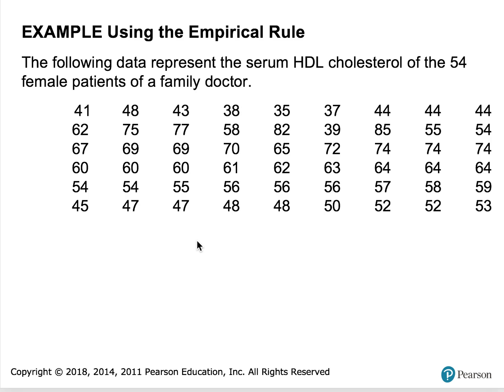Then I'm going to hit Stat, go over to Calc for Calculate, and choose One-Variable Statistics. It comes up with my X bar, the sum of my X's, the sum of X squared, and then my sample and my population standard deviation.